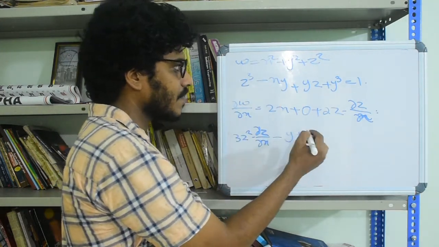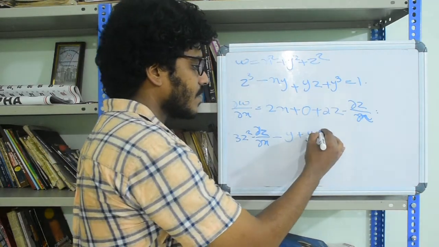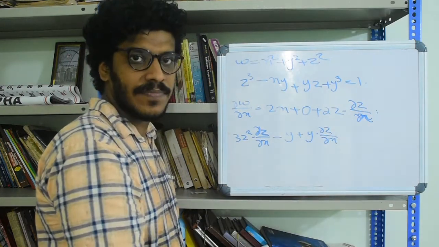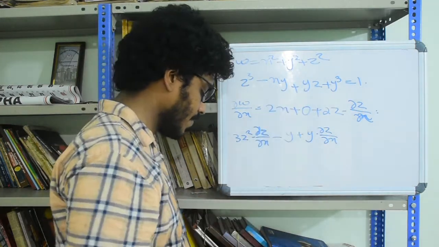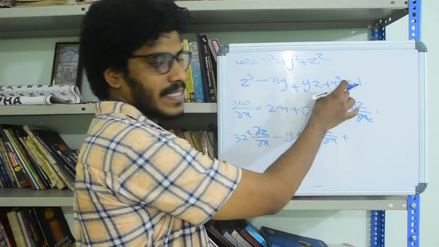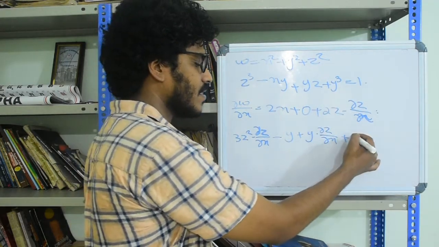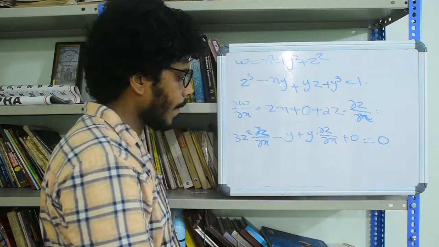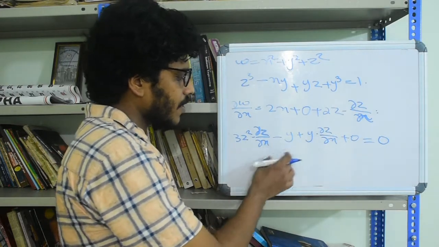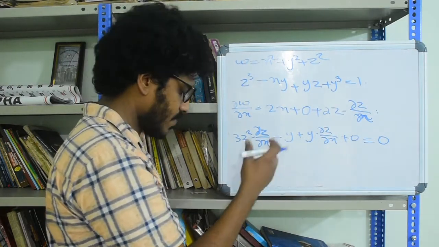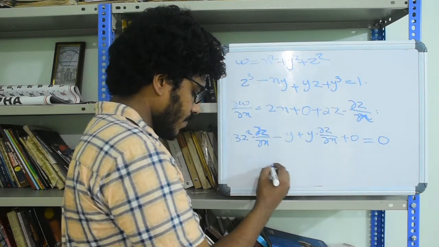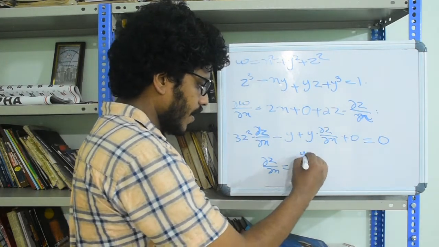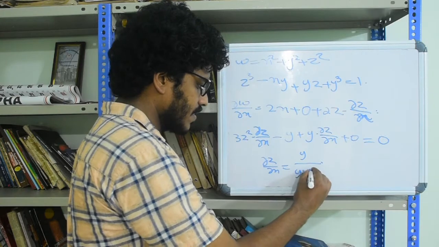Plus y, again a constant, into z, which may depend on x, so dou z by dou x, since we have considered z as a dependent variable. Plus y cube is again a constant since y is an independent variable, which in terms of derivative is 0. Right. So can you solve for dou z by dou x from this equation? Pretty simple. Dou z by dou x will be y by y plus 3z square.